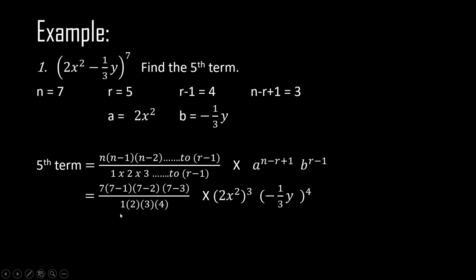Computing it, we will get the answer, which is the fifth term is equal to 70 over 27 x raised to 6 and y raised to 4. So that's how it works, and that's how easy it is to find the rth term of a polynomial given this formula.